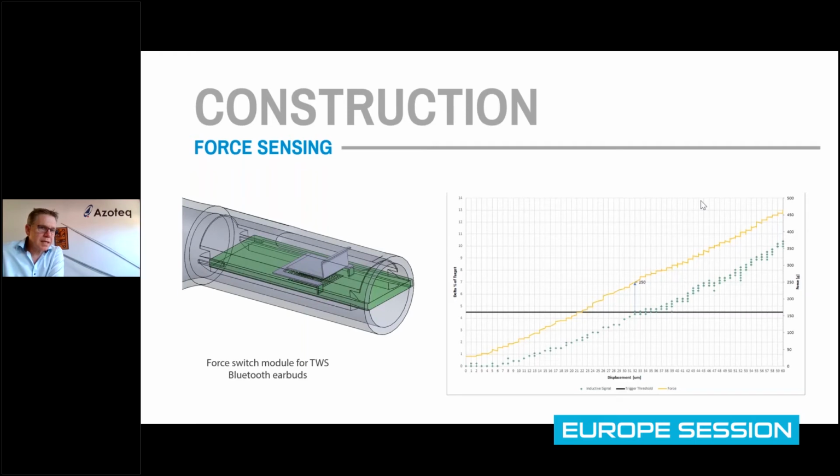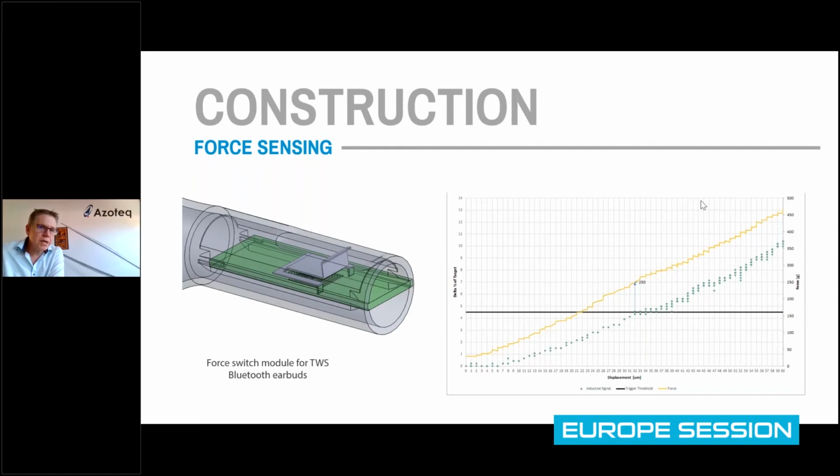We will put down a second coil that cannot be activated by the user. So this second coil, we put it down on the same material, but it cannot be influenced by the user. So now, when we see both coils, the reference one and the user interface coil, changing value, we know it's due to the environment.